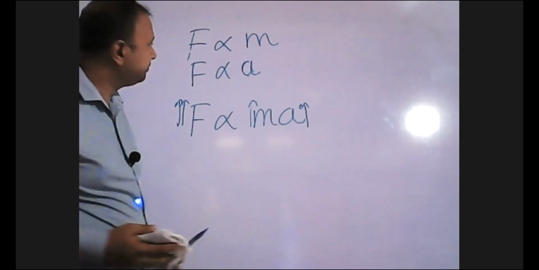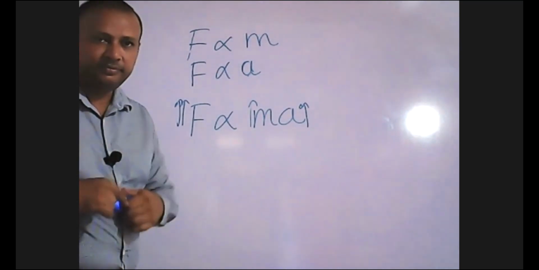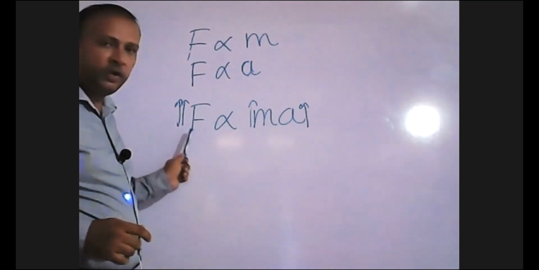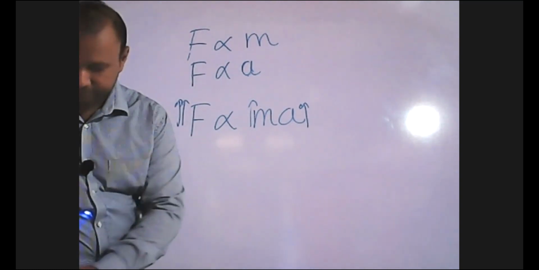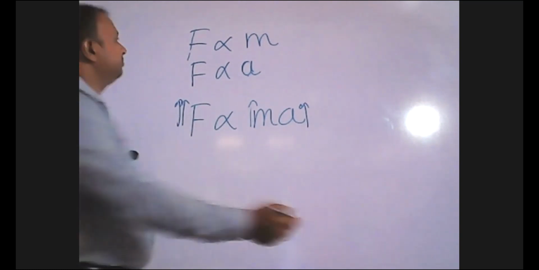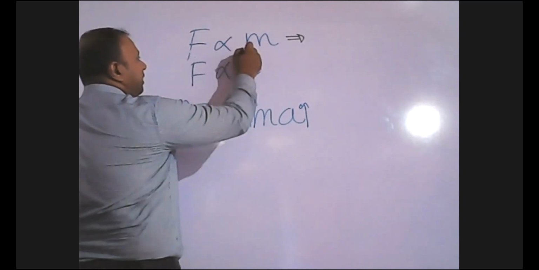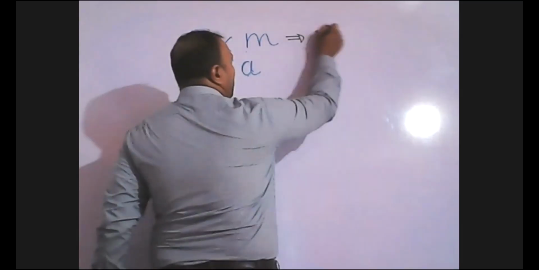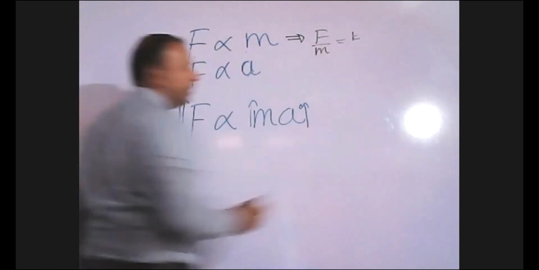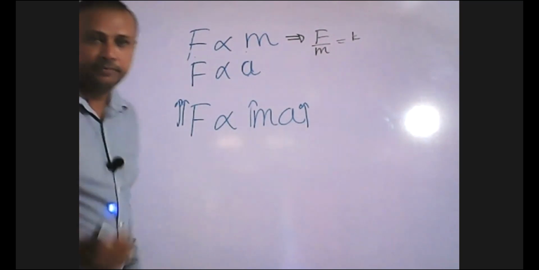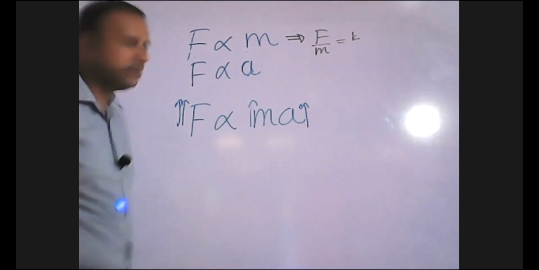Do you need to prove it? Everyone, did you get this one? Look, what does this say? If F directly proportional to M, that means F over M is a constant.